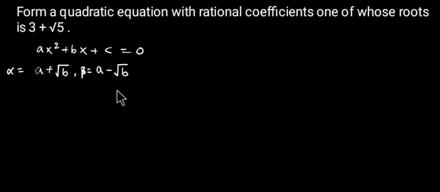It means irrational roots are always found in pairs. Now the second thing is that we are given 3 plus root 5 as one of the roots of the required quadratic equation. So definitely the second root will be 3 minus root 5 by this property.